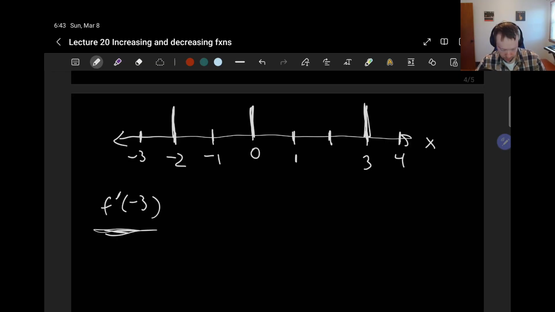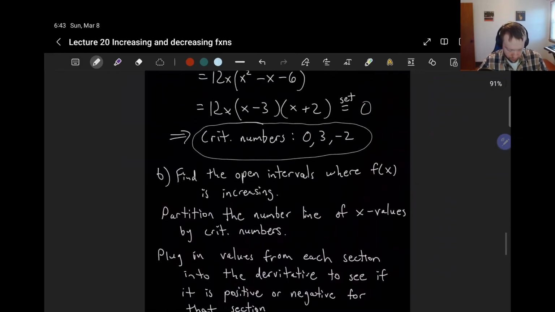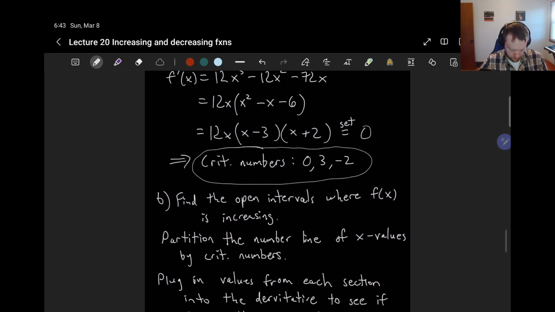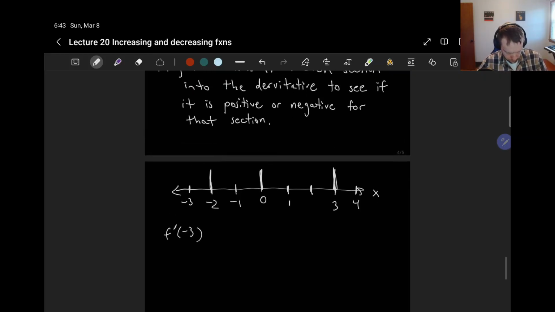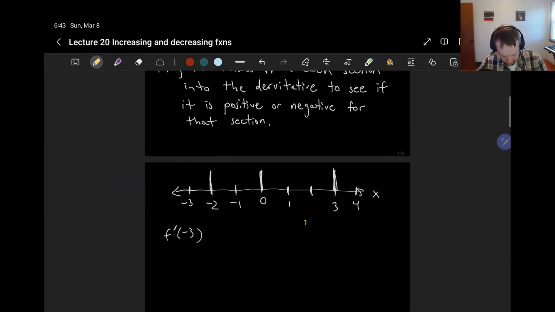That's the main thing we're concerned about. So since I have factored the derivative right here, that makes it a little easier to determine positive versus negative. Let's remind ourselves what the derivative is so we can see it.